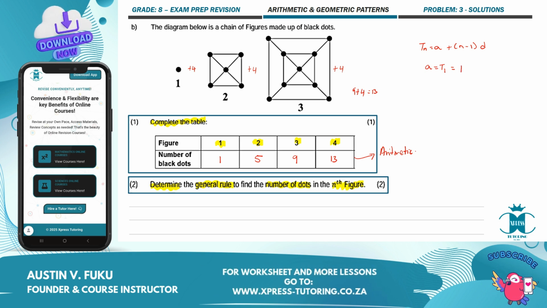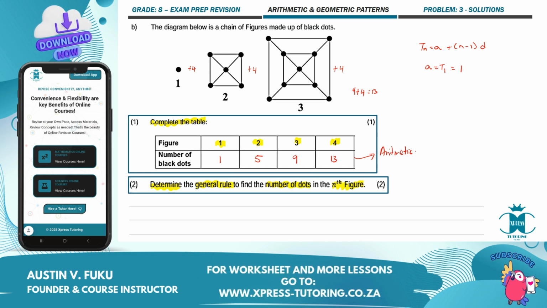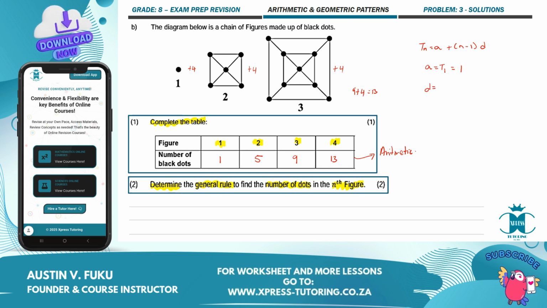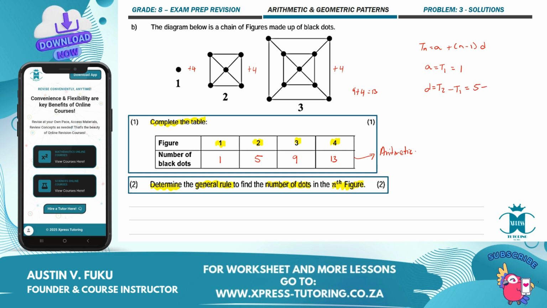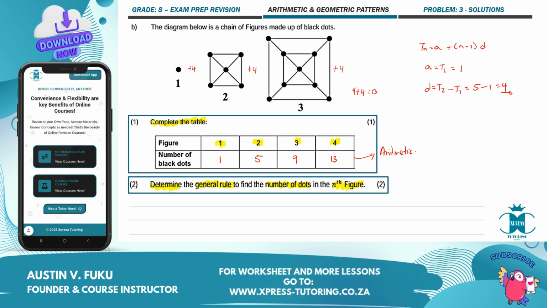So the first figure has 1 black dot, and then the difference you get by saying t2 minus t1, and that will be 5 minus 1, and that will be equal to 4. That will be our difference there.